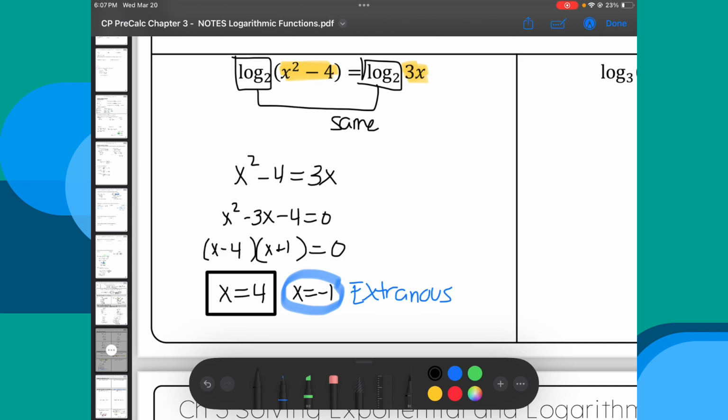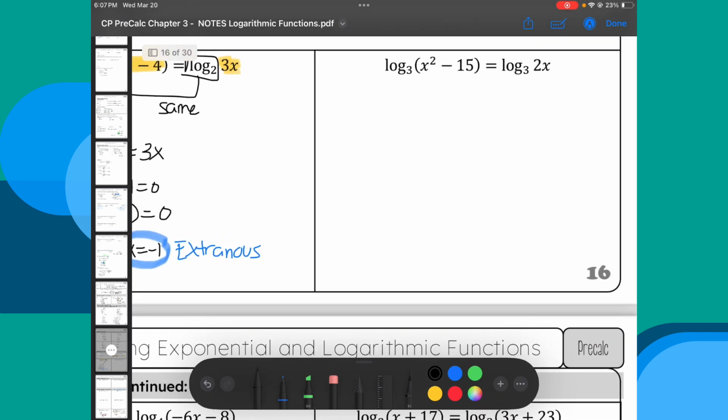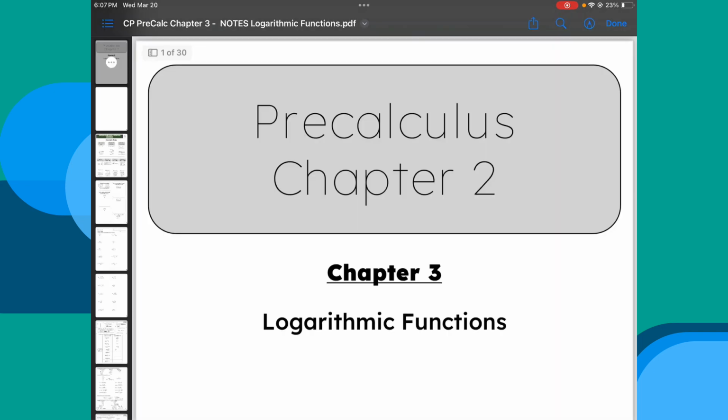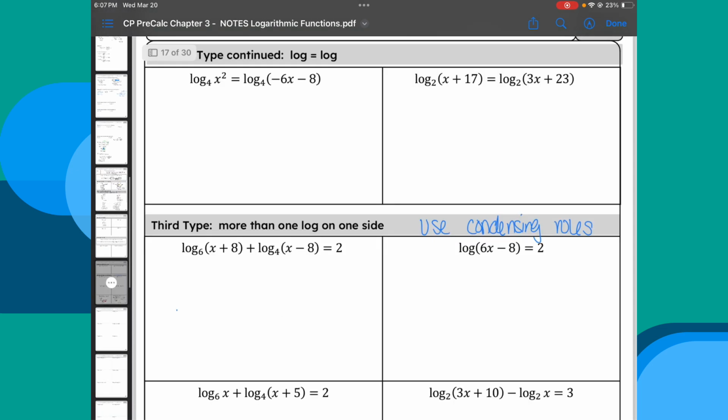Okay, there's 3 more. I'll put the answers here for you. If you have questions or you're not getting those answers, let me know, and then we can go over them in class. So you should try these. You should have some work. This one is extraneous. And then on the next page, I don't know, my notes just went crazy.